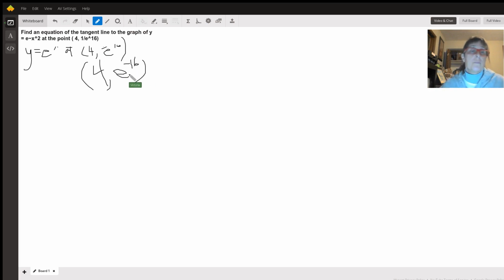Okay, so there's two things to do to write the equation of a tangent line. First thing, you need to find the derivative at the given point, and that gives you the slope of the tangent line.